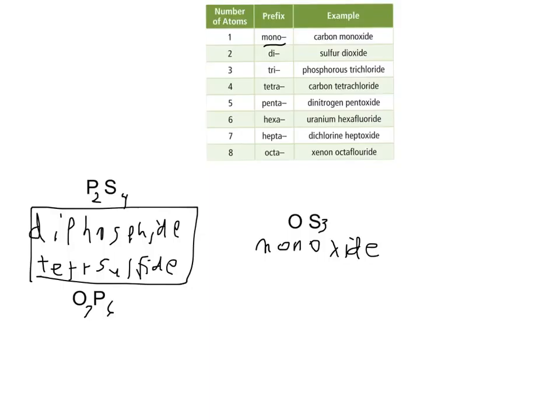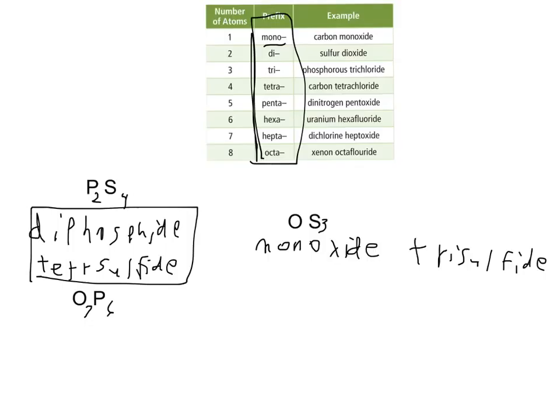Then we have sulfur, but it has a 3 next to it, so there's no I. Sometimes you take out a letter, whatever sounds right. So trisulfide, maybe the I sounds better. And that's really it. You just have to memorize this chart, and memorize the prefixes like mono, di, tri, and all that.